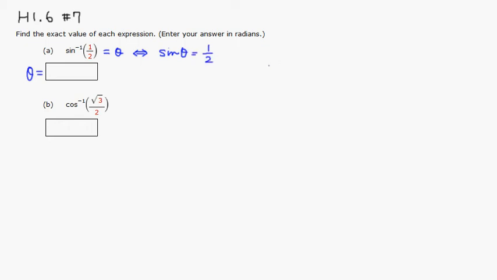Remember that to have arcsine, we have to make sure that theta is between negative pi over 2 and positive pi over 2.